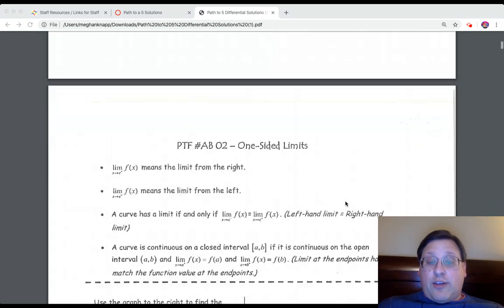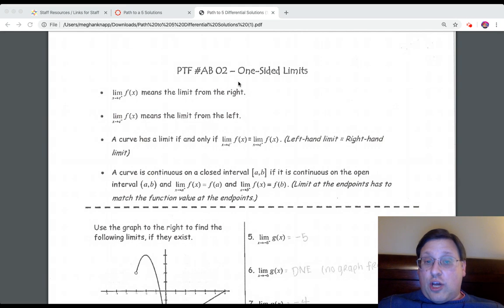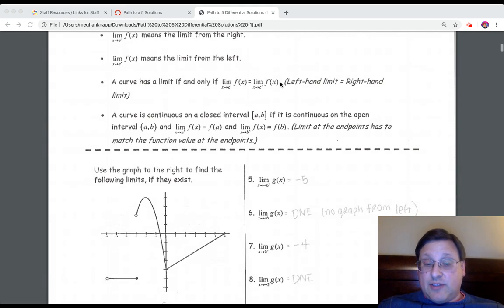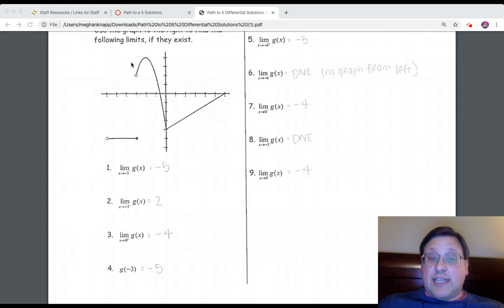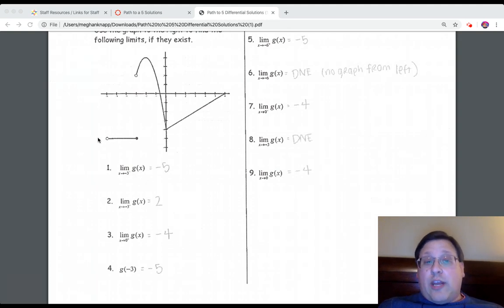If I move on to section 2, now they start talking about right and left-hand limits. So this allows us to start looking at limits of those kinds of jumpy things, because here, if we talk about the limit as x approaches 3 from the left, we know that we're getting closer and closer, staying right on that -5.